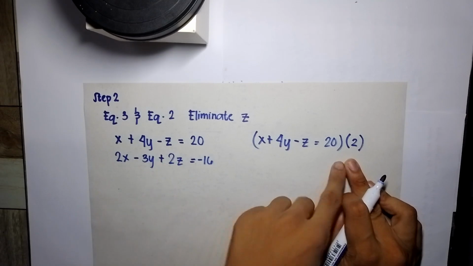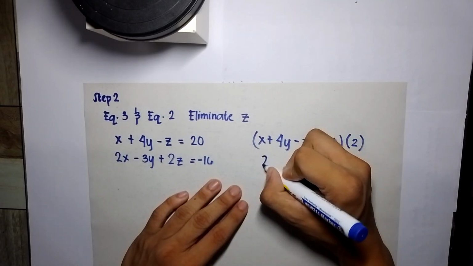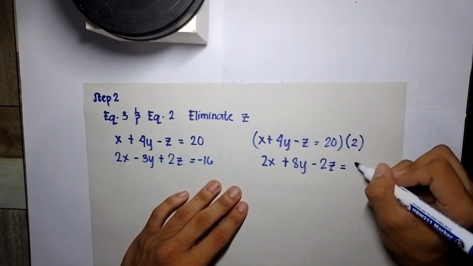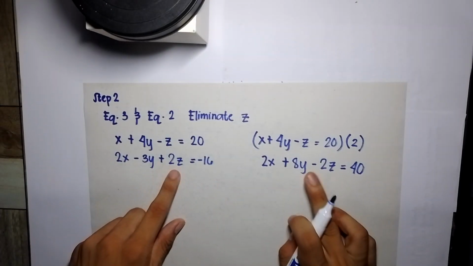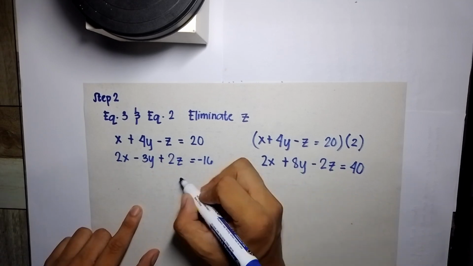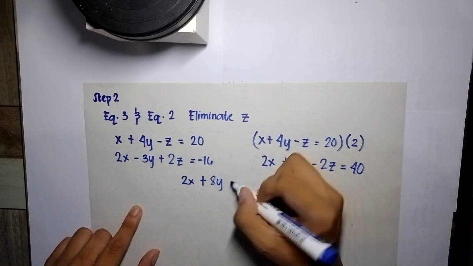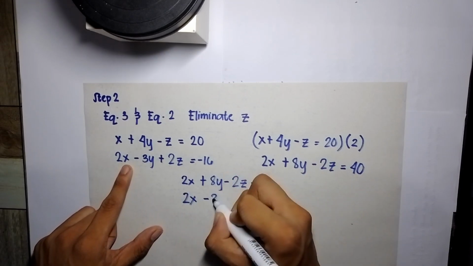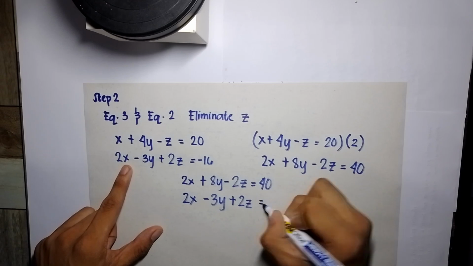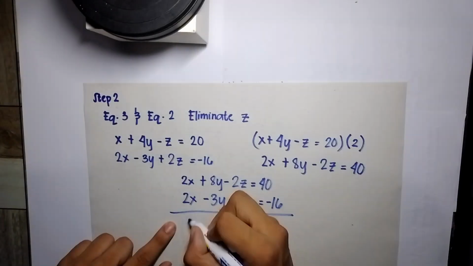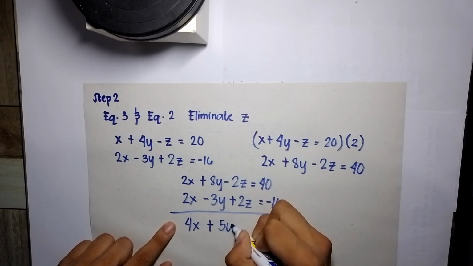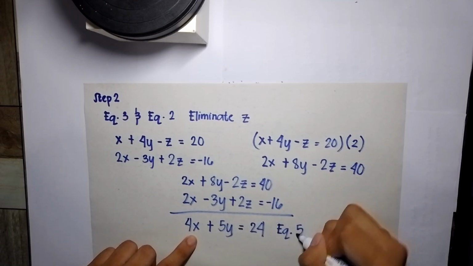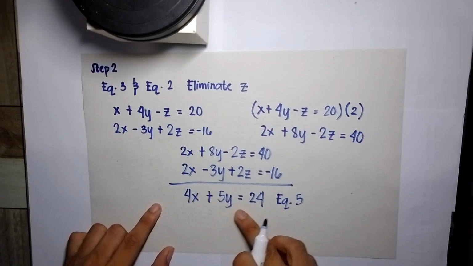In multiplying, we're going to use the distributive property, namely, multiply 2 in equation 3. Now, we can eliminate letter z. We have 2x plus 8y minus 2z is equal to 40, and 2x minus 3y plus 2z is equal to negative 16. Combining like terms, we have 4x plus 5y equals 24, eliminating letter z. Now this answer will be our equation 5.